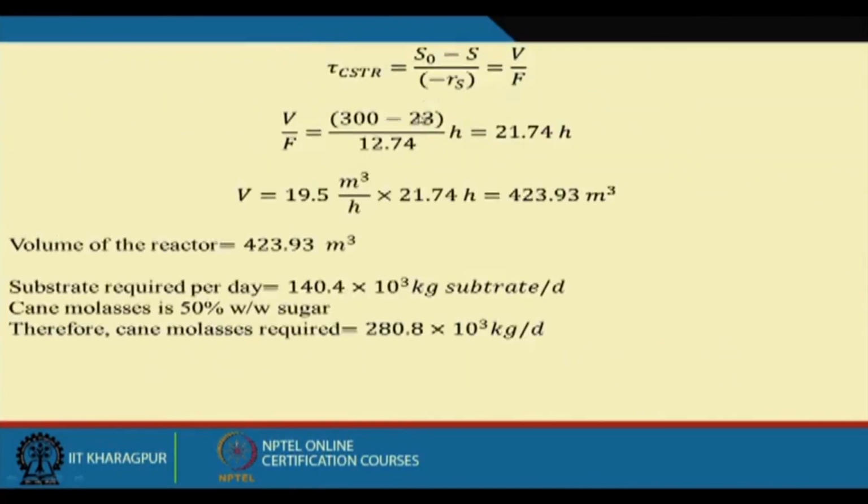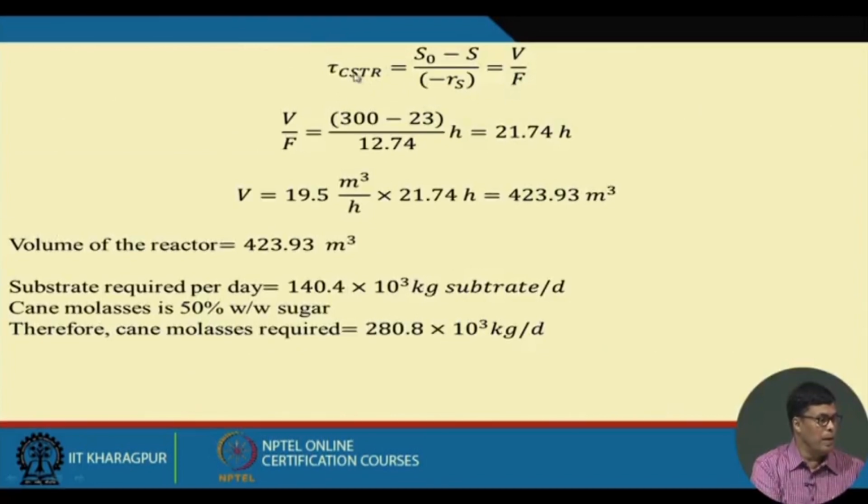Then we can calculate the value of -RS, and once you calculate -RS, we put the value in the tau CSTR, which is (S0 - S) by (-RS). We can easily calculate the value of tau CSTR. Now tau CSTR is coming at 21.74 hour, and this is equal to V by F, the volume by volumetric flow rate.